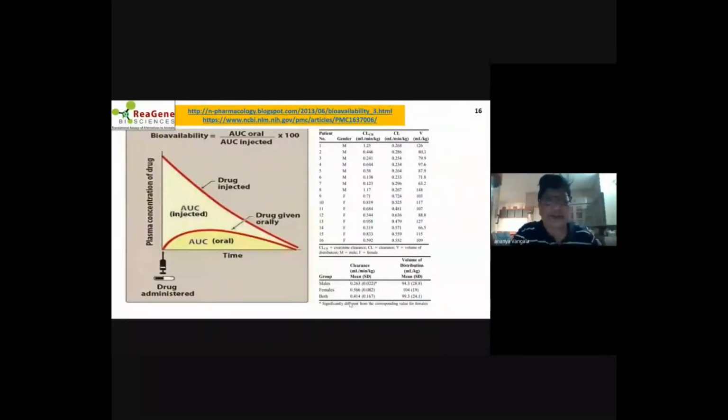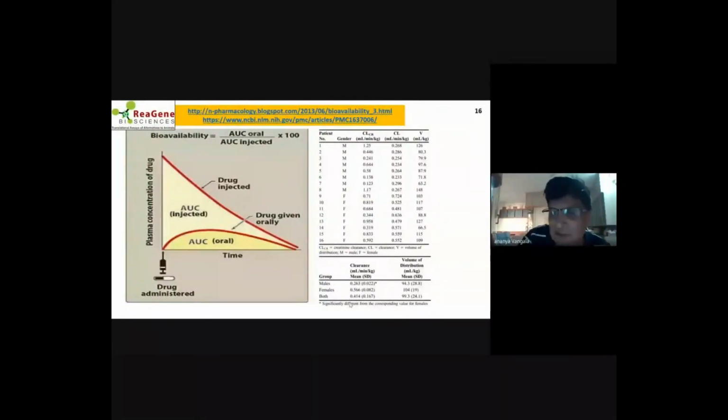So this is just a standard slide of pharmacokinetics. You give a drug orally and you look at how much drug is present over time, for 24 hours. We measure the half-life of the drug, and typically the ideal half-life of an oral drug should be about 8 hours. We also calculate bioavailability.